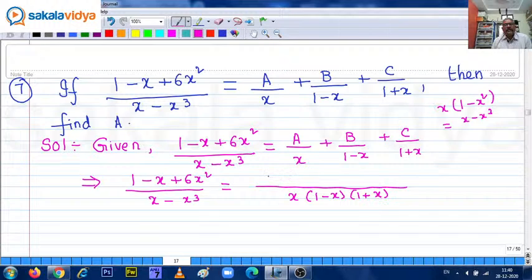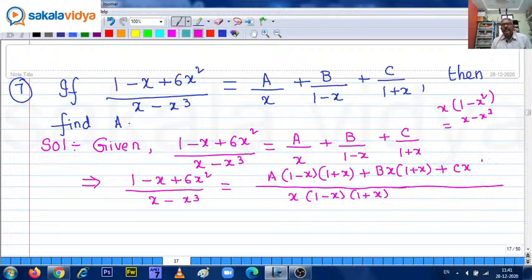See, x gets cancelled. We have a times (1 minus x) into (1 plus x) and plus (1 minus x) cancel, bx times (1 plus x) and plus (1 plus x) gets cancelled. We have c into x into (1 minus x).